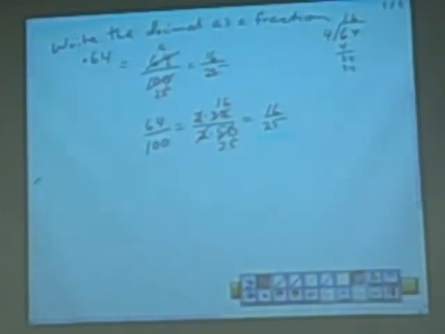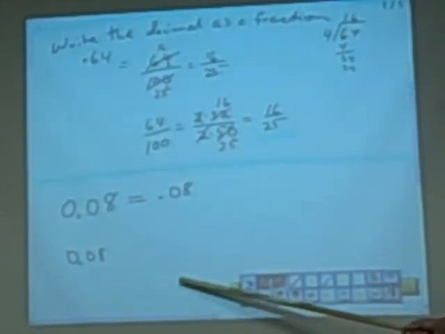Alright, well what if we have 0.08, and if you use 0.08 or just .08, the number is the same. Okay, I like to put a 0 in front of it because sometimes the decimal is kind of small.